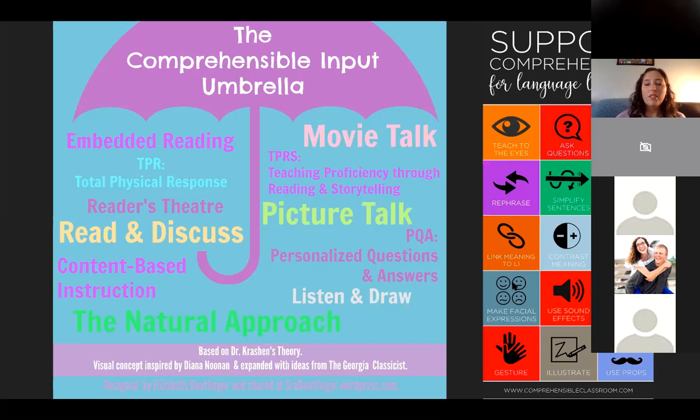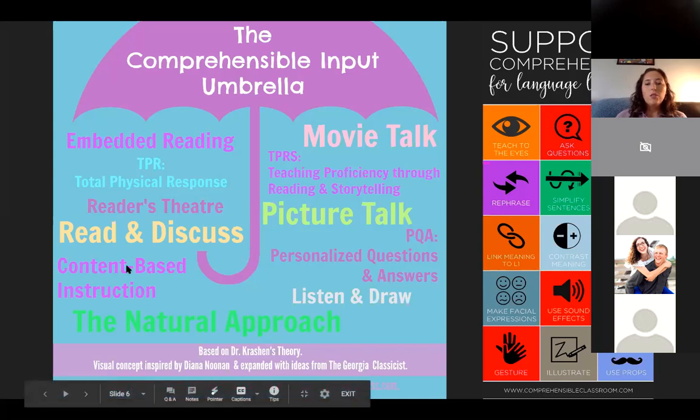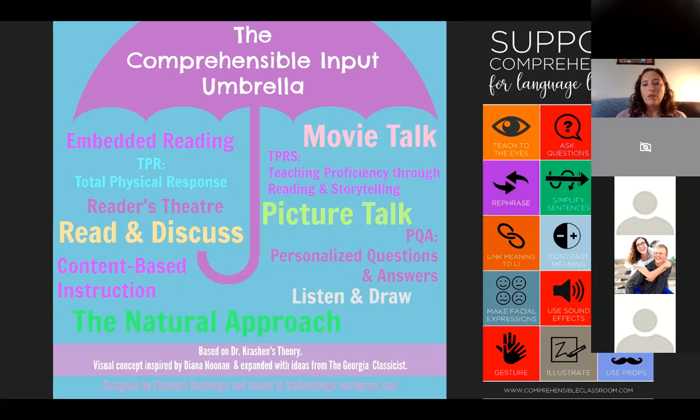I know that my family says I am very expressive when it comes to charades and Pictionary, and so that would be gestures and illustrate, just because that's what you have to do as part of the job. Sound effects, props, personalize, connect the meaning to their first language as well. There are all kinds of ways. So there's not just one way to have comprehensible input. So I want to make sure that we're clear on that.